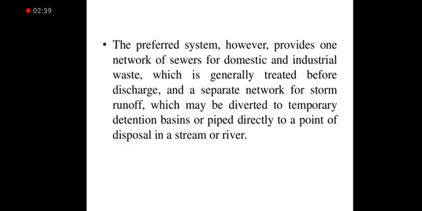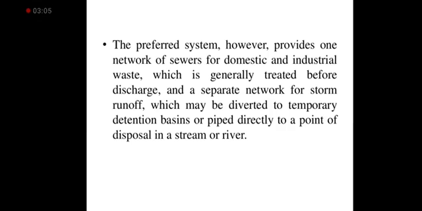The preferred system, however, provides one network of sewers for domestic and industrial waste, which is generally treated before discharge, and a separate network for storm runoff. A separate network for the rainwater is given, which may be diverted to a temporary detention basin or piped directly to a point of disposal in a river or stream.